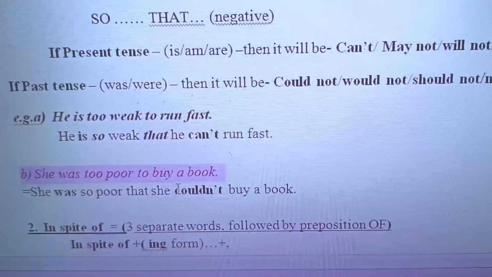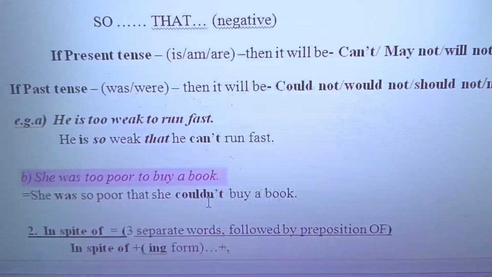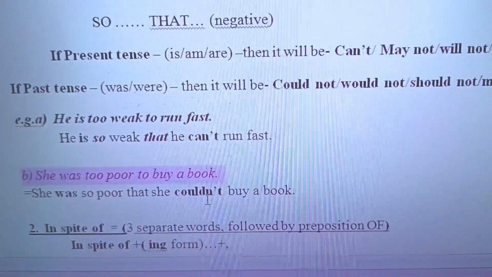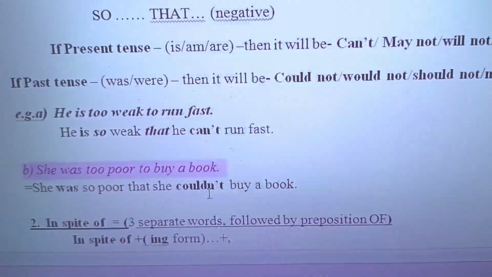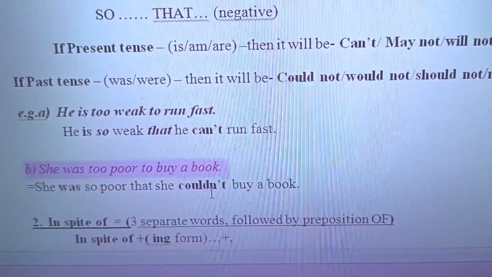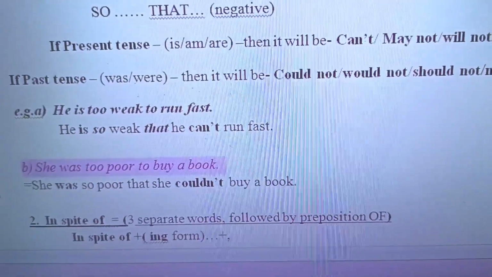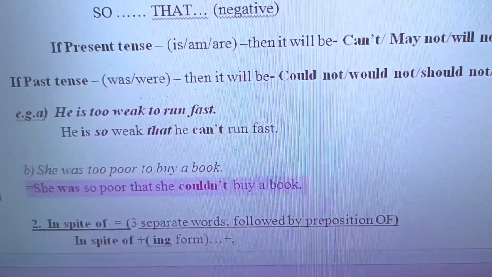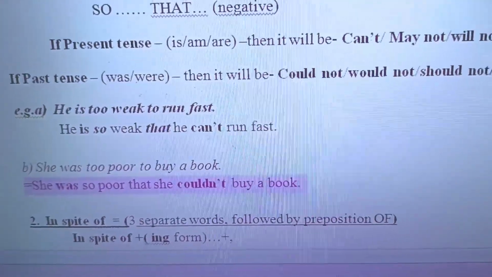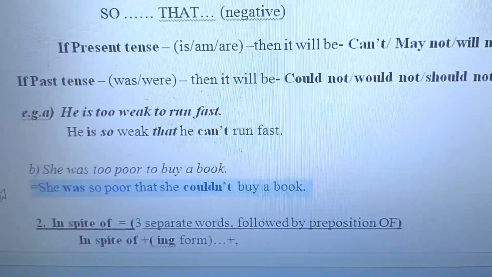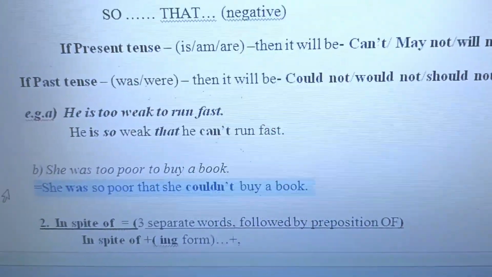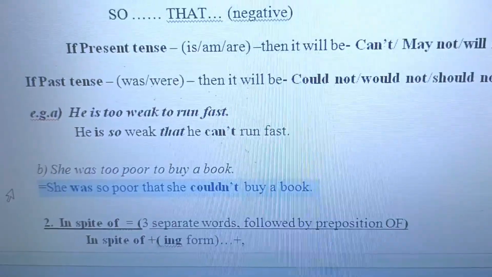That means on the other side of the sentence we will use could or should or would or might depending upon the sentence. So the correct answer will be: she was so poor that she could not buy a book. Hope now you'll be able to find out which MCQ should be correct.